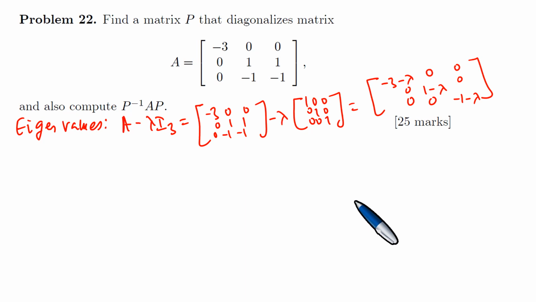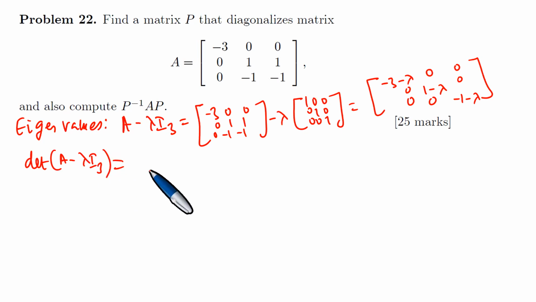All right, so once you get to this point, what do we do? We need to find the determinant of A minus lambda I3. Okay, what is the determinant of this? Well, the determinant of this is going to be minus 3 minus lambda. So you just expand along the first row.